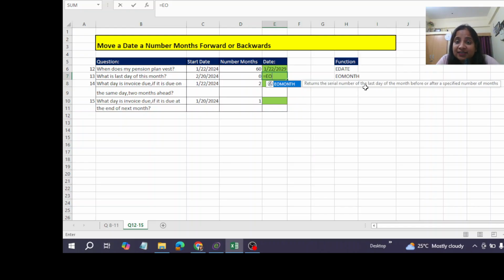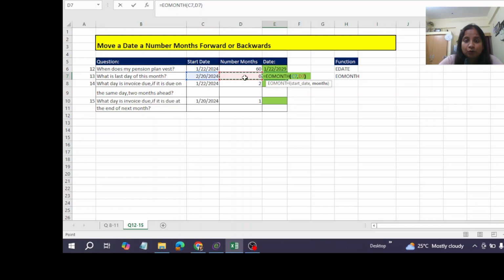It returns the serial number of the last day of the month before or after a specified number of months. That is the reason we are using this function made for this. Start date, comma, months, 0 months, because last day of this month we have to select. That is why we close the bracket, control enter.